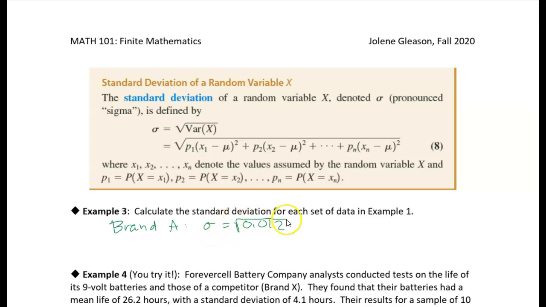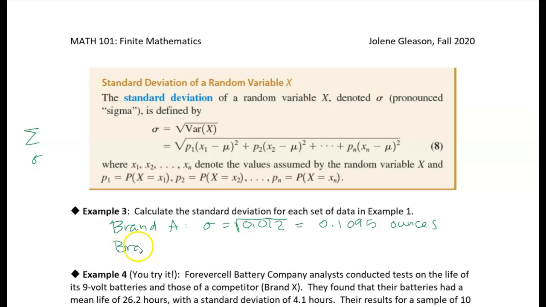Before we had the uppercase sigma, meaning the sum of. Lowercase sigma is the standard deviation. So I take the square root of that, and I get 0.1095 ounces. Now my standard deviation is in ounces.